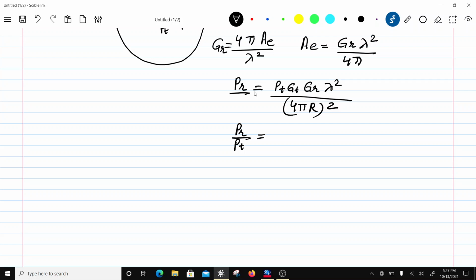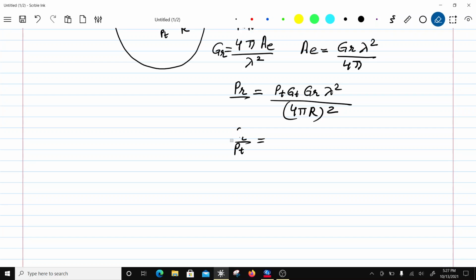PT by PR, right? So that would be the loss. Okay, so PT divided by PR, in that case it will be equal to (4 pi r) whole square divided by GT GR lambda square.